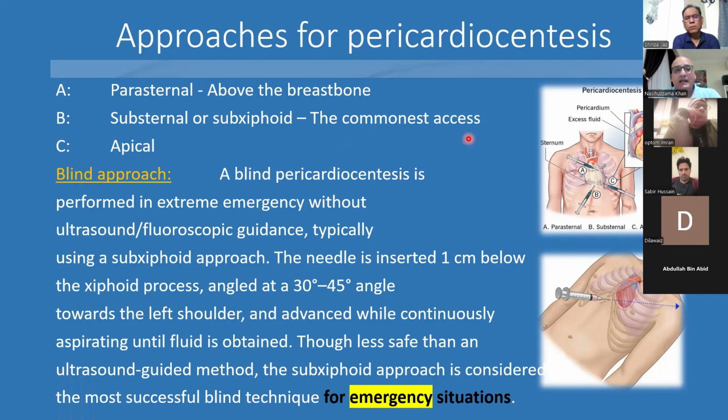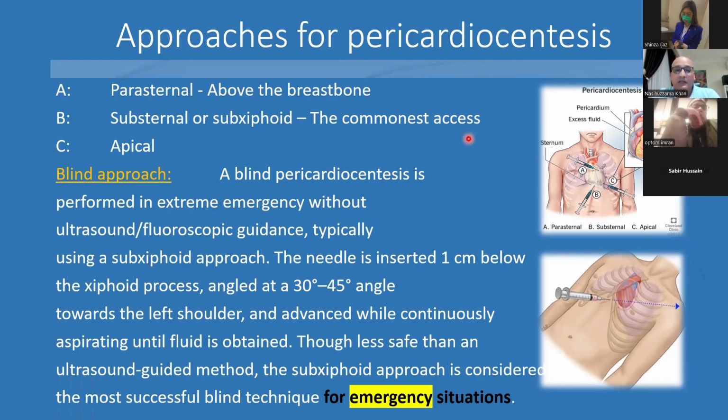There is also a blind approach, but it is not recommended. It should only be done when there is no other option available during an emergency, without any fluoroscopy or ultrasound guidance. Typically, it can be done at the bedside or in the emergency department.